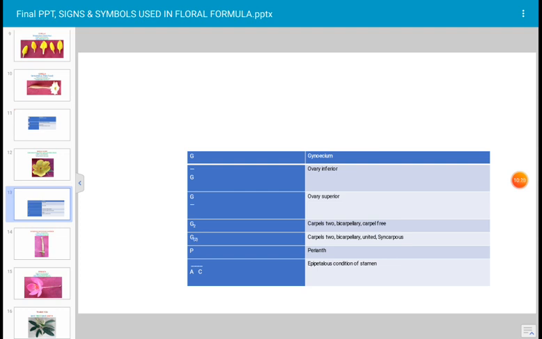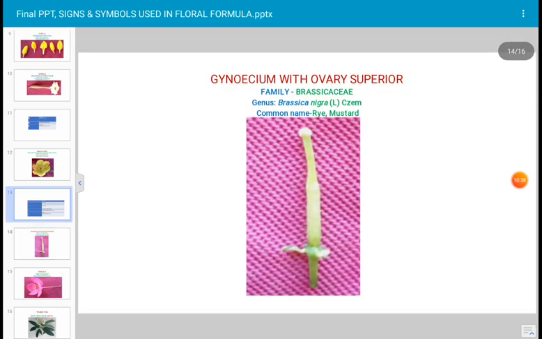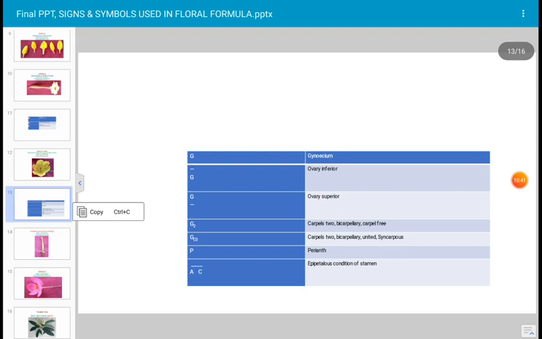If the carpels are 2, you have to write capital G and 2. That means the gynoecium has 2 carpels, and it is described as a bicarpellary ovary.